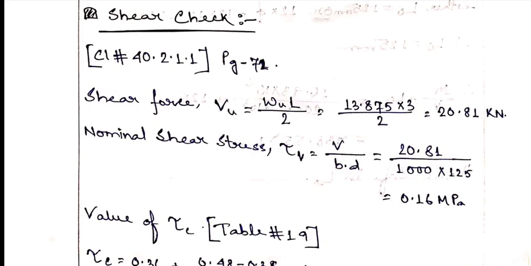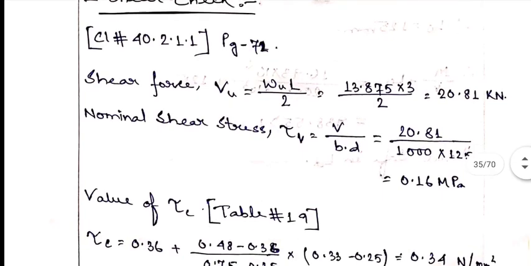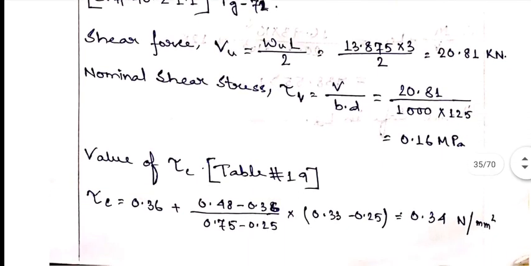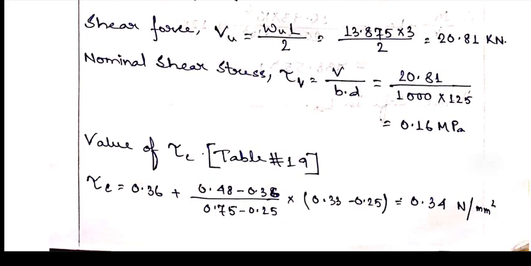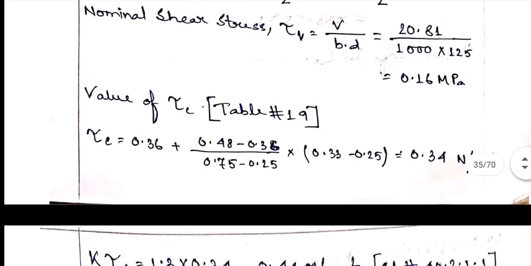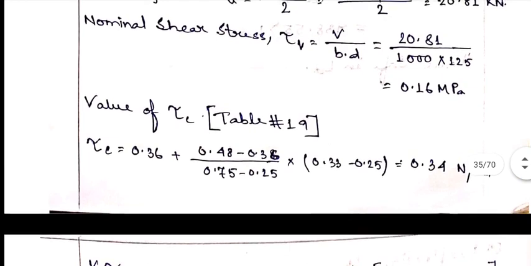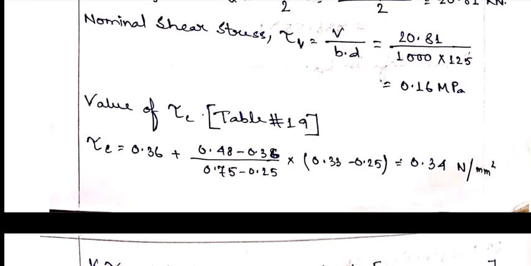Tau V is 20.81, which we have calculated just now, by B is 1000 into D is 125, that is equal to 0.16 MPa. Now value of tau C from table number 19. So from table number 19 we have to find out value of tau C. Okay, so let's go to table number 19.